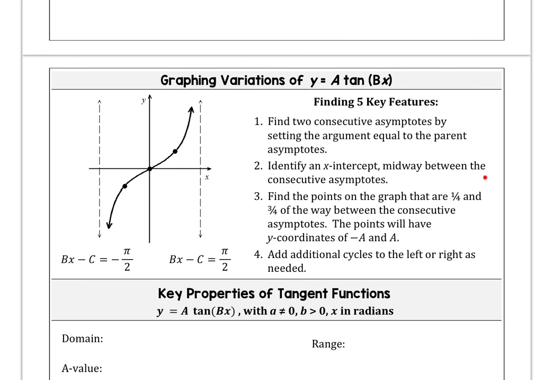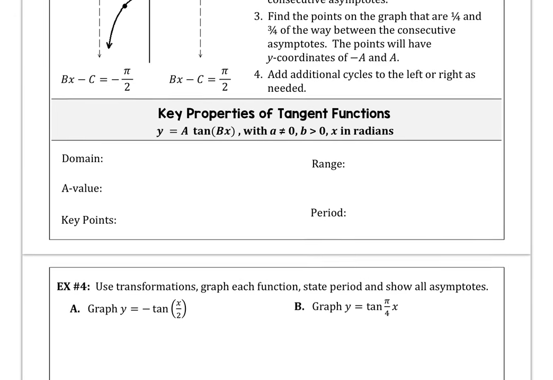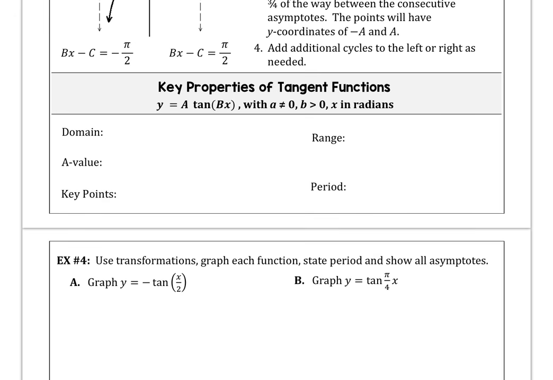Then we can identify the x-intercept that's midway between, and then we can find the points for 1/4 and 3/4 of the way between the consecutive asymptotes. Those points will have y-coordinates of negative a and positive a. And then we can graph additional cycles from the left to the right as we need based on our direction. So this is a great set of instructions for what we want to do.